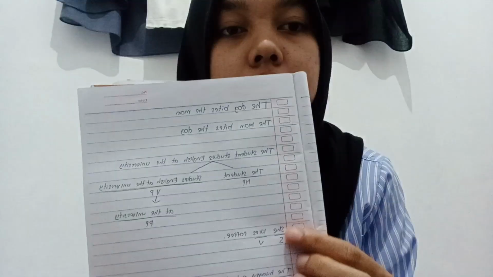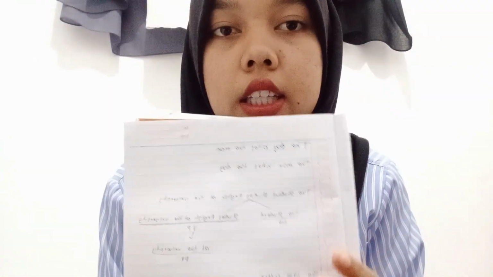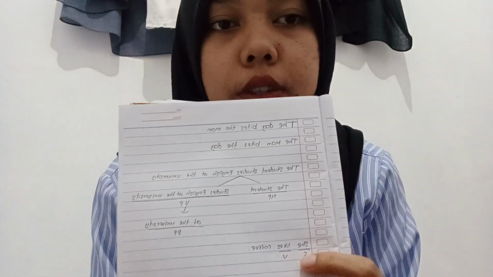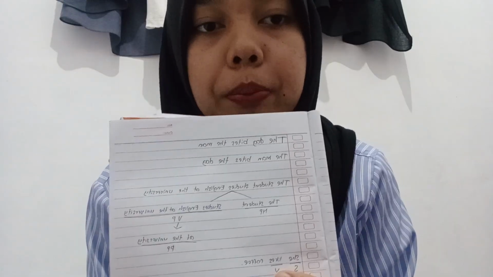And I think the easiest example to understand is: she likes coffee. This is simple because it clearly contains a subject, which is she, and a verb, which is likes.